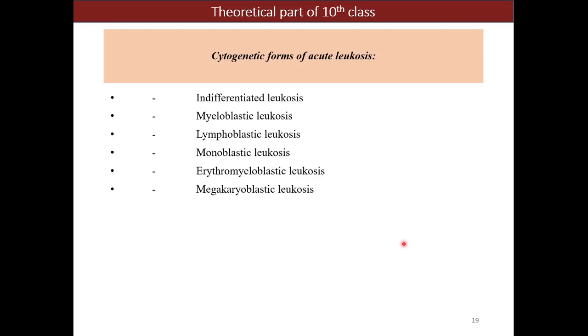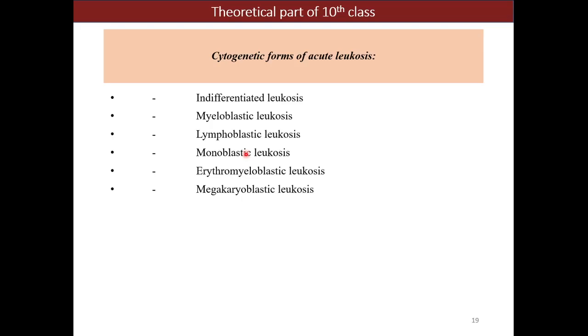Myeloblastic leukosis, and we have already discussed it, lymphoblastic leukosis, monoblastic leukosis, erythromyeloblastic leukosis, myelomonoblastic leukosis. I want you to pay attention to the ending of these names. So blastic, blastic, blastic. It will be very important even if you are not a hematologist.